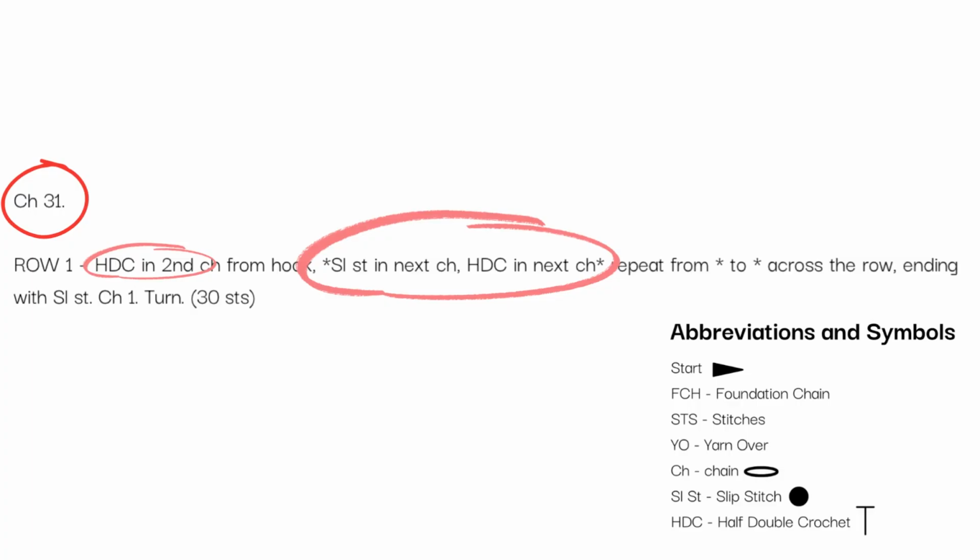Then there's a chain 1 and turn. So now something about the turning chain. I already was talking about it in the notes, that this is something that I would definitely highlight and include in the notes because it's very important. Some chains at the end of the row count as a stitch and some don't. But don't worry, it should always be written in the pattern.